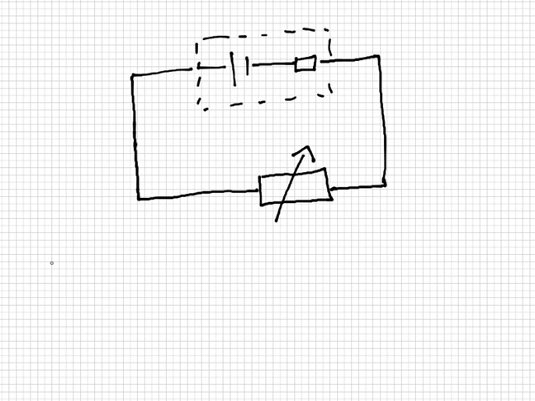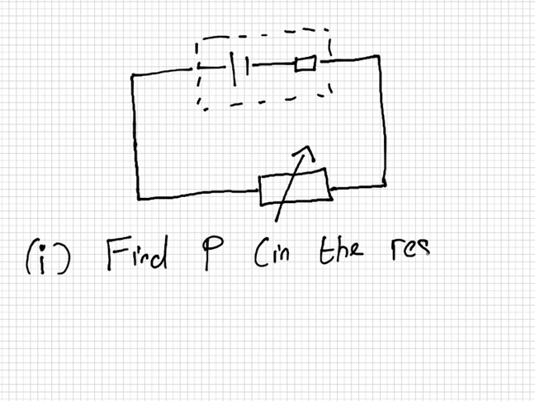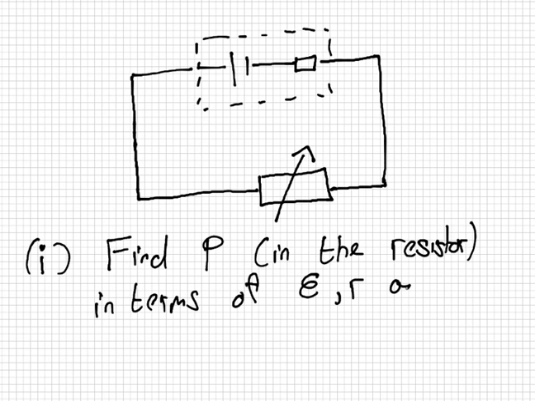Okay. And part one of the question is find P in the resistor in terms of E, R and r, where this is E, this is small r, and I have this set to big R, but I can change it.